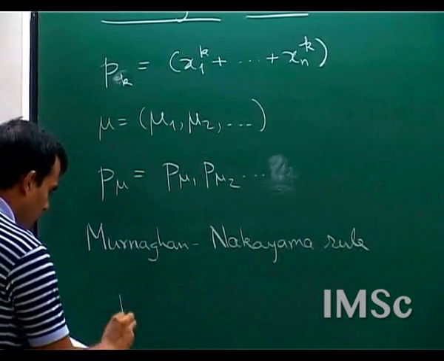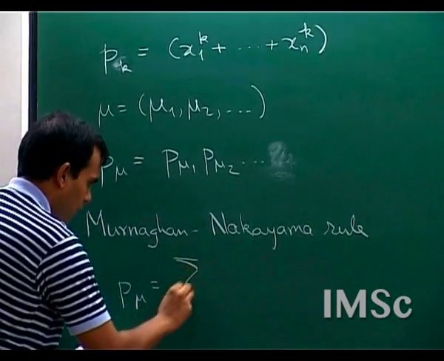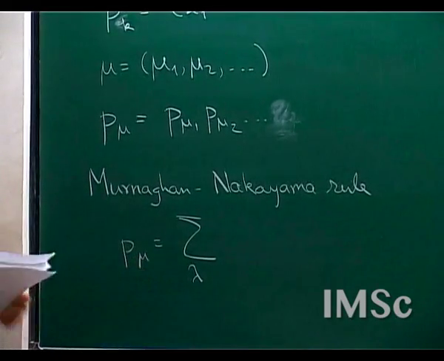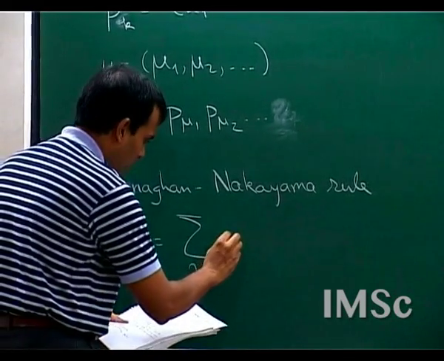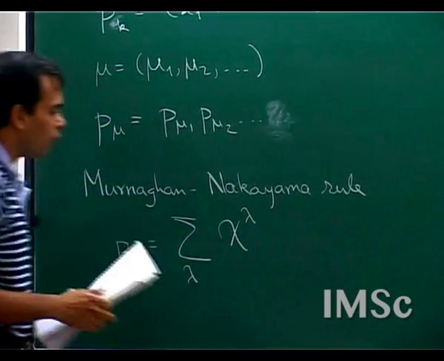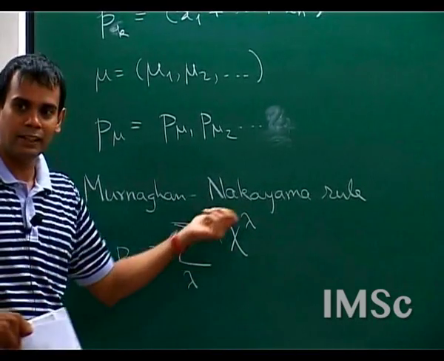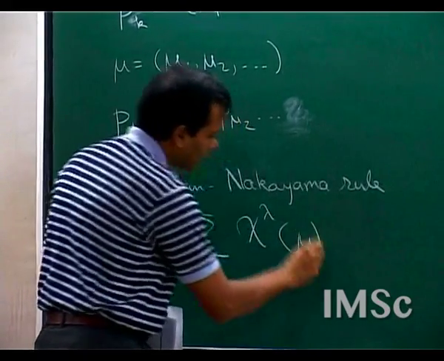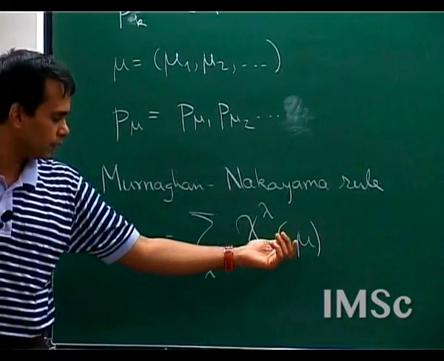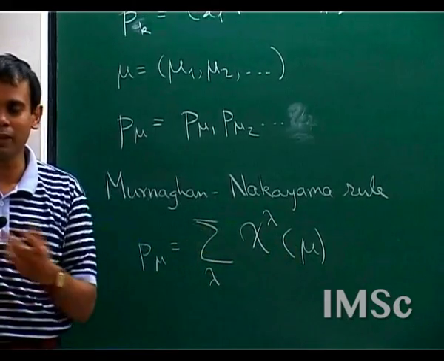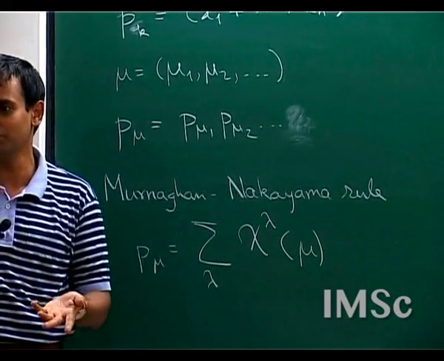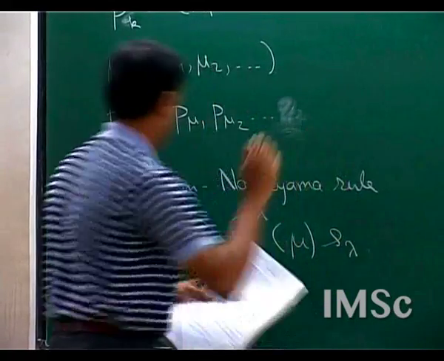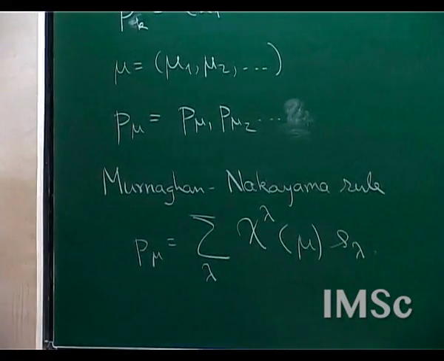It says that, let mu be a partition of n, then P mu is equal to a sum over all partitions lambda of n of the character of the representation of Sn indexed by the partition lambda, evaluated at a conjugacy class indexed by mu. This conjugacy class consists of those permutations whose cycle decomposition has shape mu. So that's the Murnaghan-Nakayama rule.